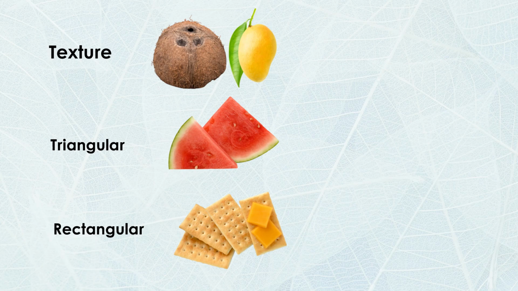The texture of a coconut shell and the texture of a mango. A triangular shape of a watermelon cut into triangles. Rectangular: a rectangle shape of crackers. Good job, kids!